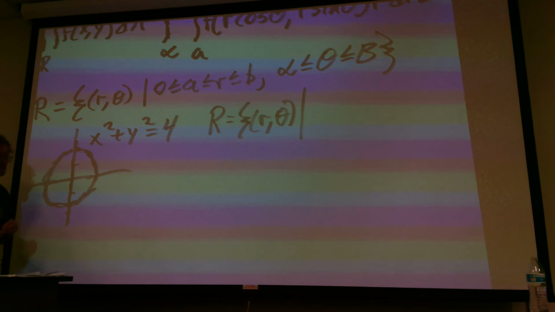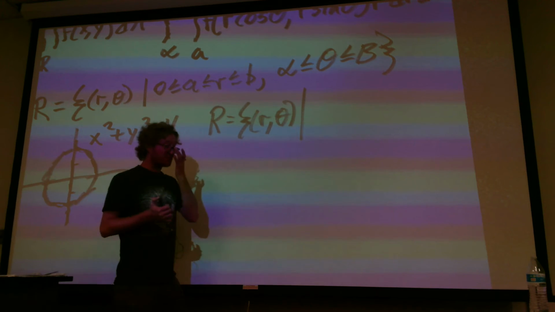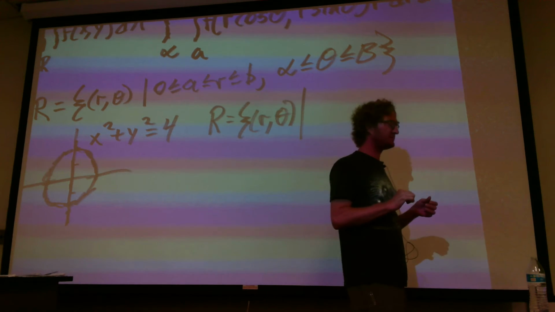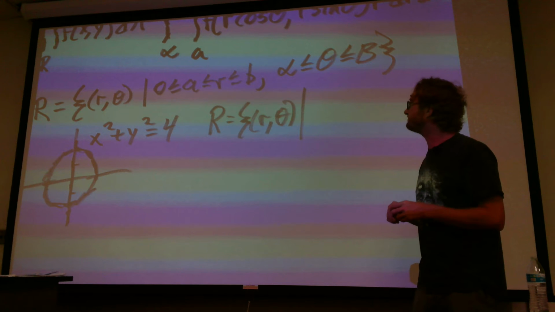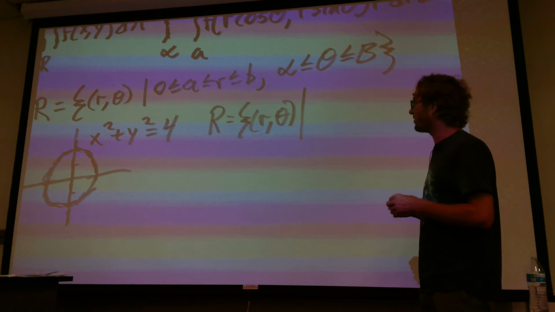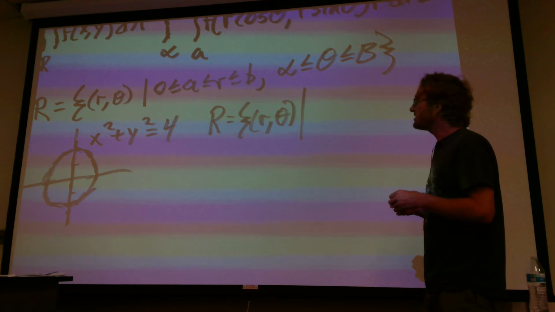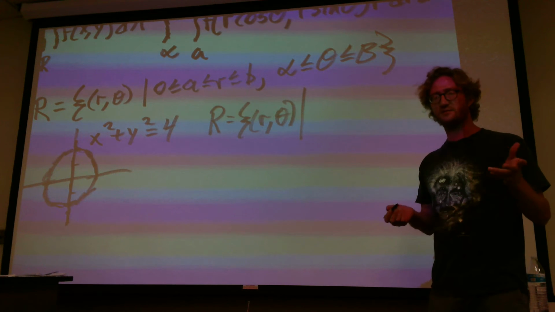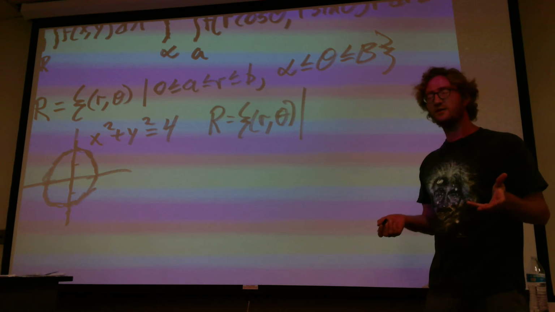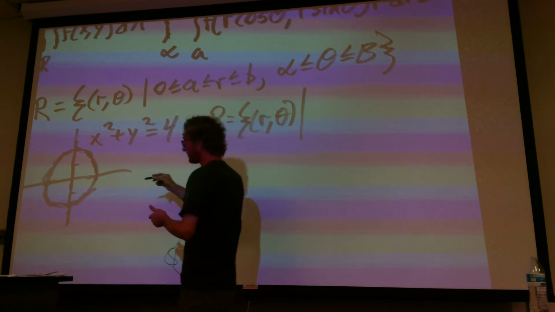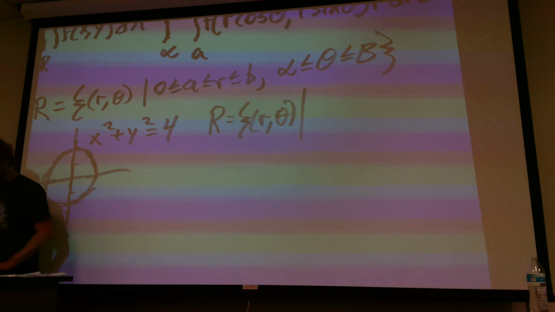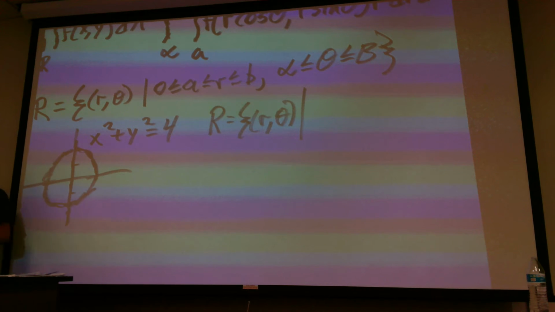Okay. Now, instead of describing this region in terms of x and y, we're going to describe this region in terms of r and theta. So if I consider the radius has to be positive, okay? Well, what is the radius going to do? It's going to go out from 0 to 2. Okay?